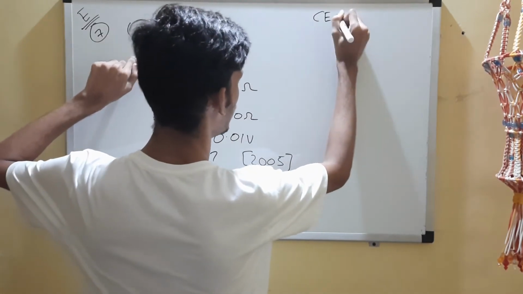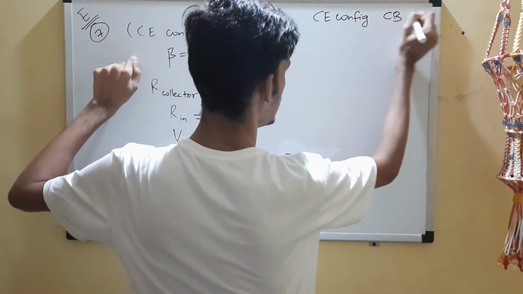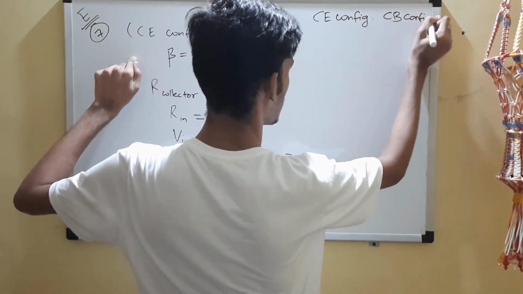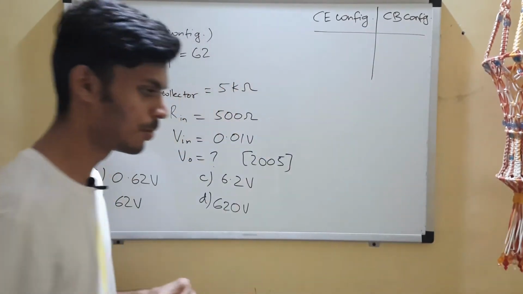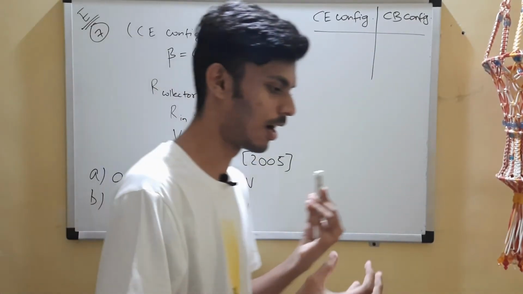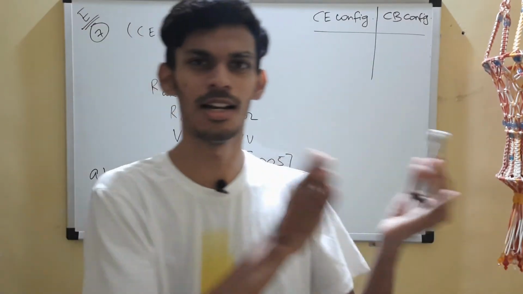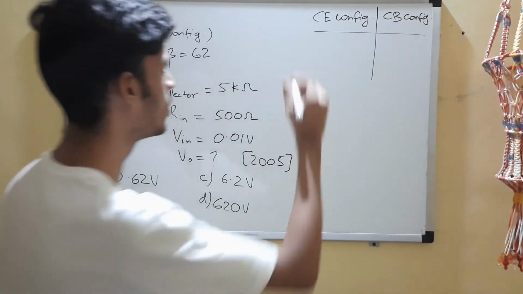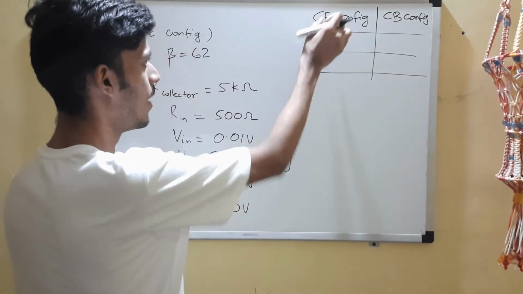So here we consider CE configuration and here we'll consider CB configuration. Okay, serious now. So I want you to note down this table if you are finding that difficulty in deciding whether a certain part is input or output. So in CE configuration the emitter is common, right? Common emitter configuration.